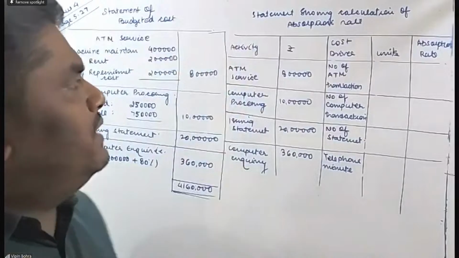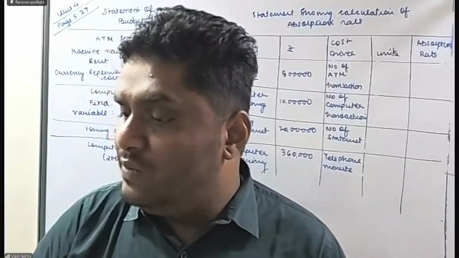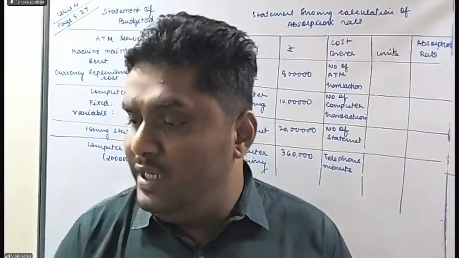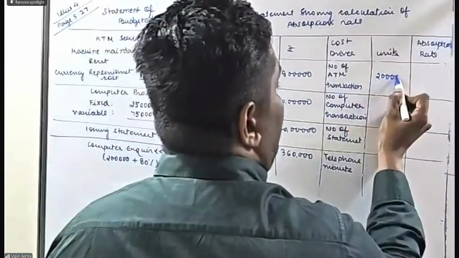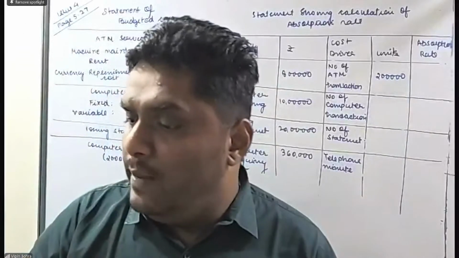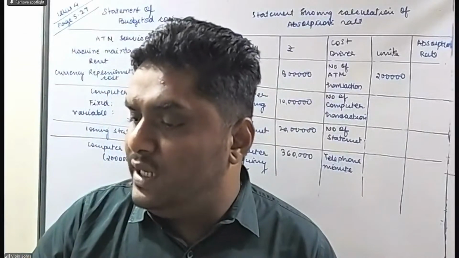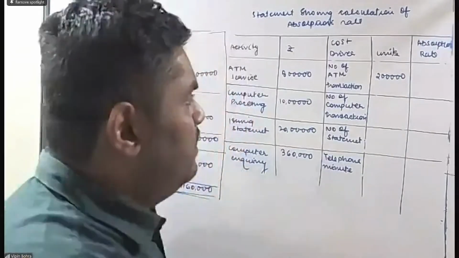Now, when talking about the number of ATM transaction, it is given in the question. That is 1,50,000 plus 50, that is total 2 lakh are my ATM transactions. When talking about the number of computer processing transaction, it is 15 plus 5, 20 lakh.